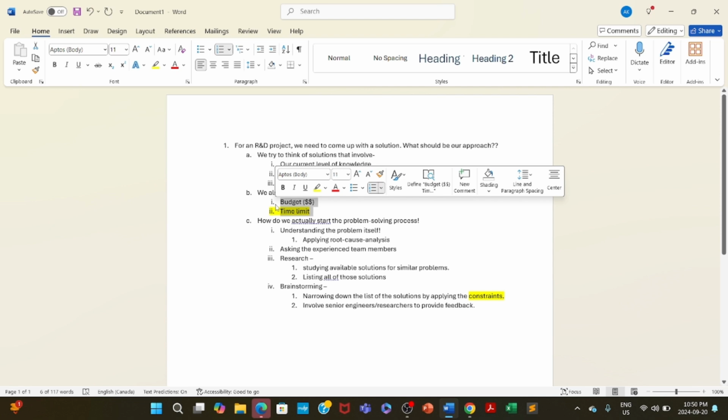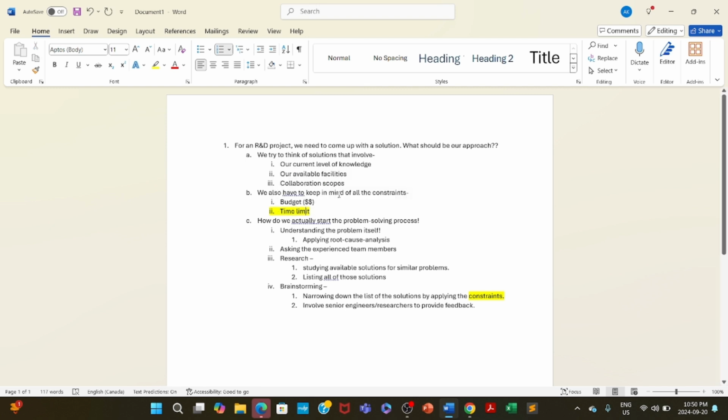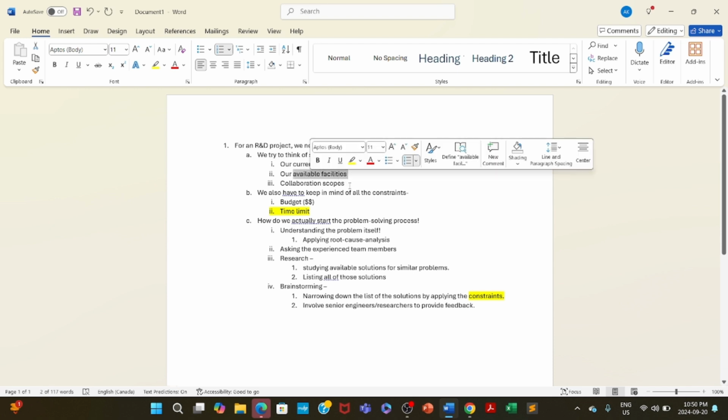So you have five options, and all of these are applicable, but there are also some constraints like the facilities we have or the collaboration scopes.